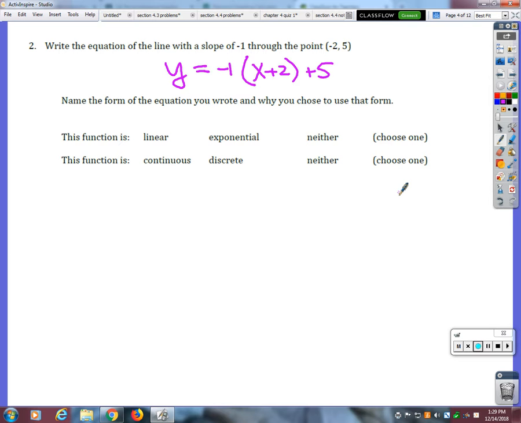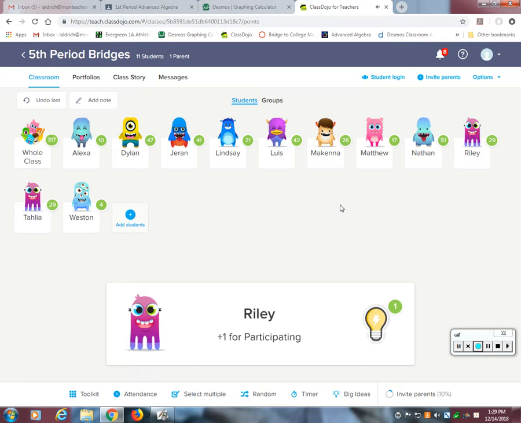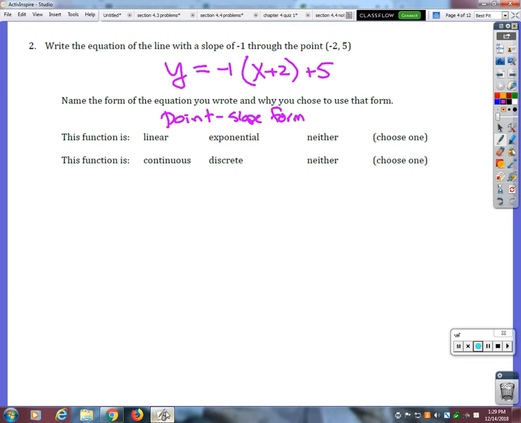Okay? So the form of the equation that we used was point slope form, and that's because they gave us a point, and they gave us the slope. Okay? So when you have those two pieces of information, then point slope form is a pretty good way to go.